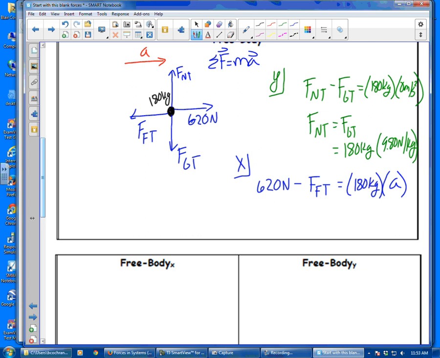Okay. So, let's see, 620 newtons minus mu force normal. The normal force that's creating the total friction is the total normal force. Equals 180 kilograms times A. Oh, I know some of those things.